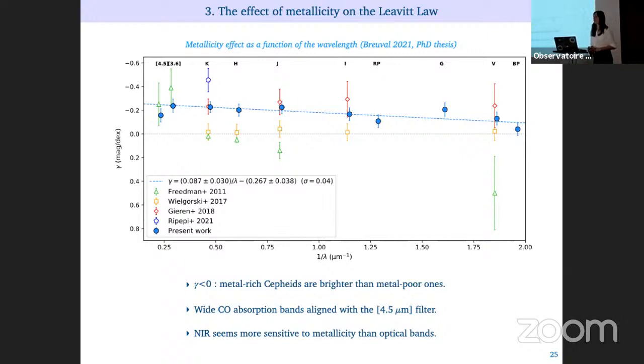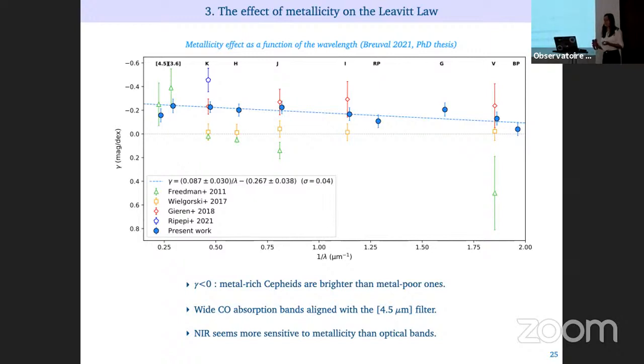Yes. So when we compare theoretical predictions with empirical studies, we don't compare exactly the same thing, because in the models, they take one Cepheid, for example, and they change the parameters, the metallicity of that one Cepheid, to see how it evolves. But empirically, we cannot modify the parameters of one Cepheid.